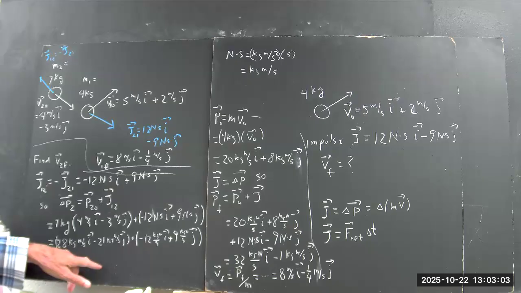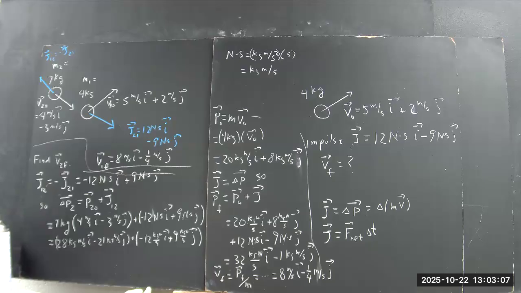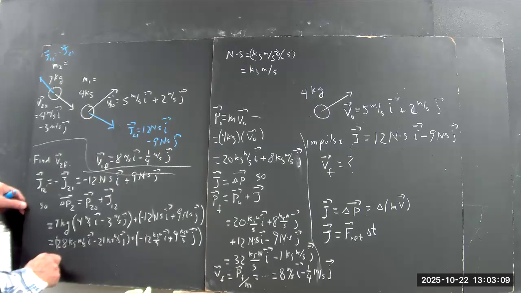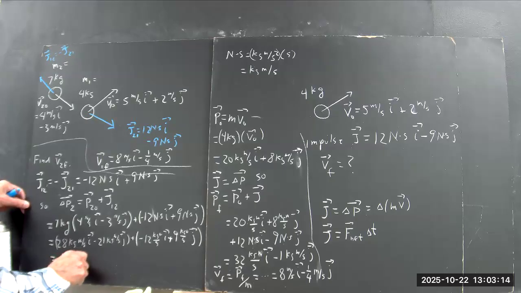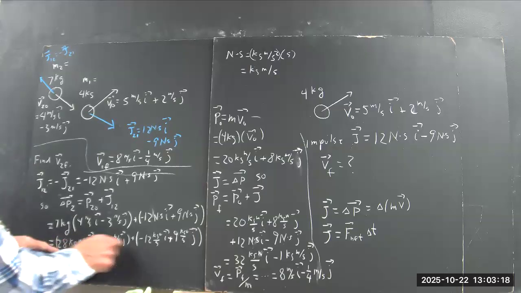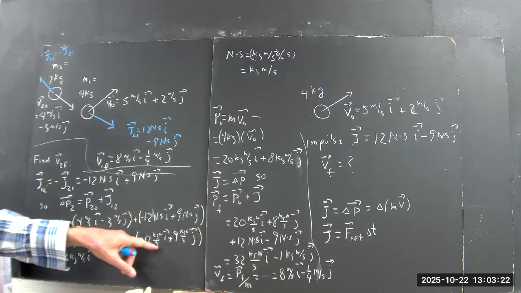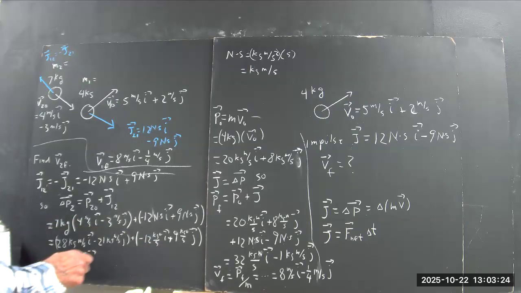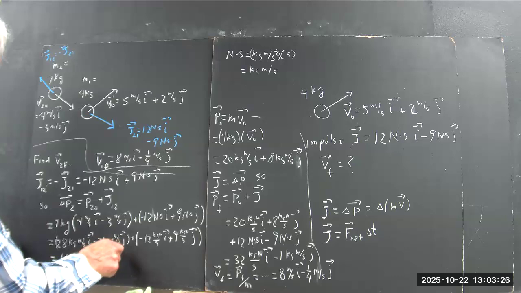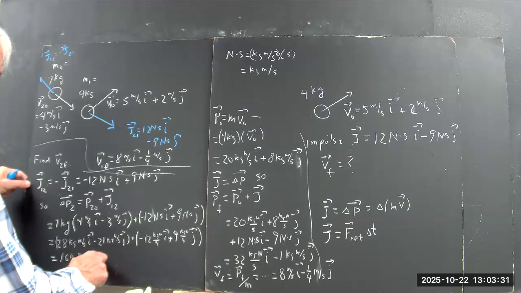We're just adding the initial momentum to the impulse. So we get 28 and negative 12 kilogram meters per second times I, and then negative 21 and 9 kilogram meters per second times J.